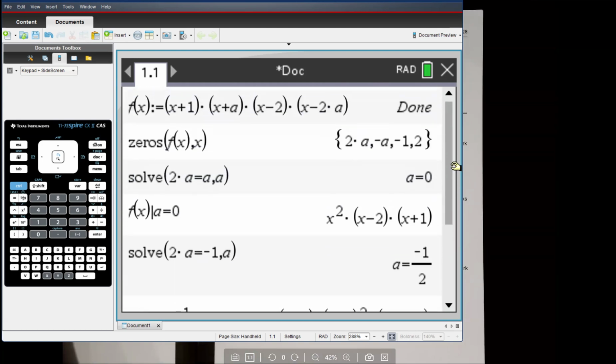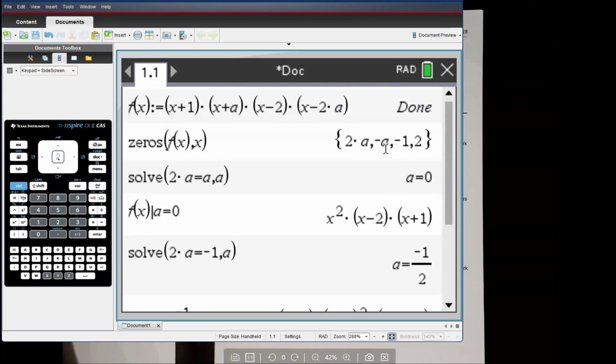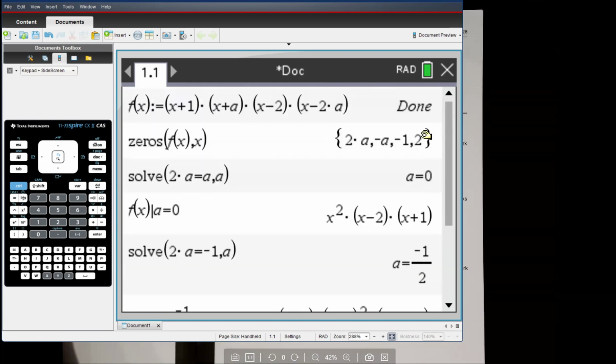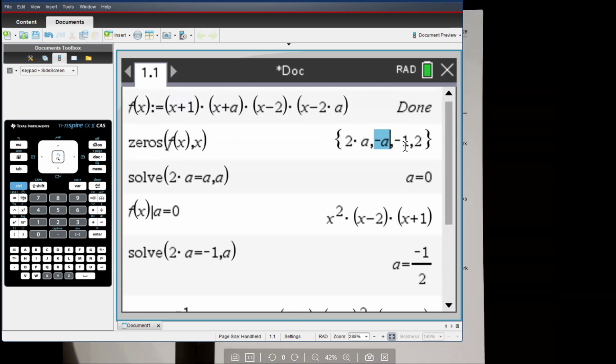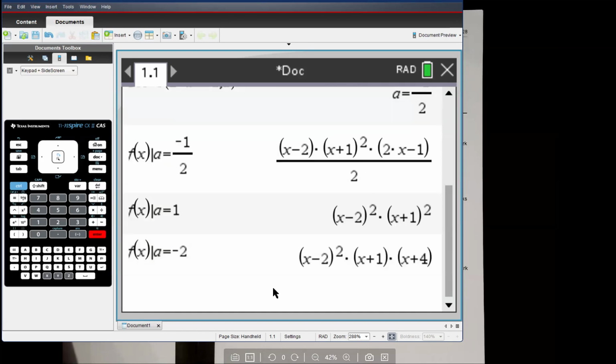And another case is, let's say, minus a equals 2. So a equals minus 2. What happens with this one? f of x given a equals minus 2.